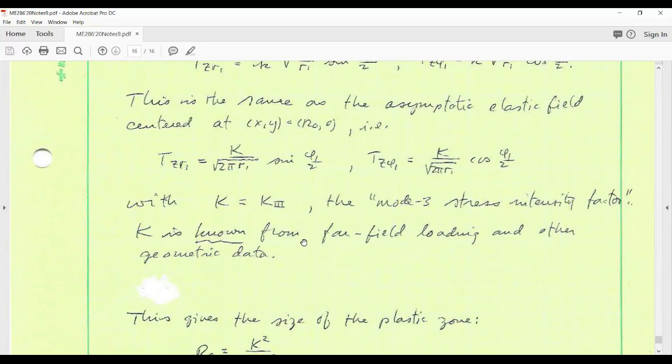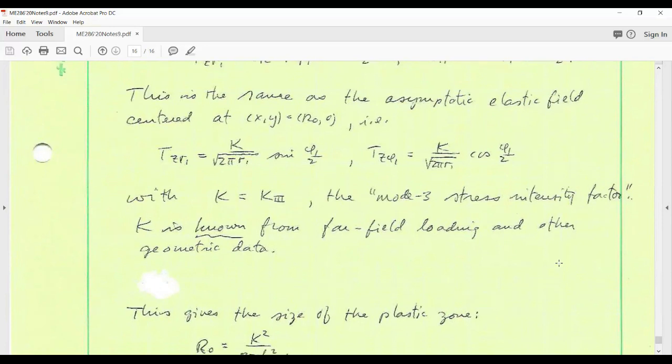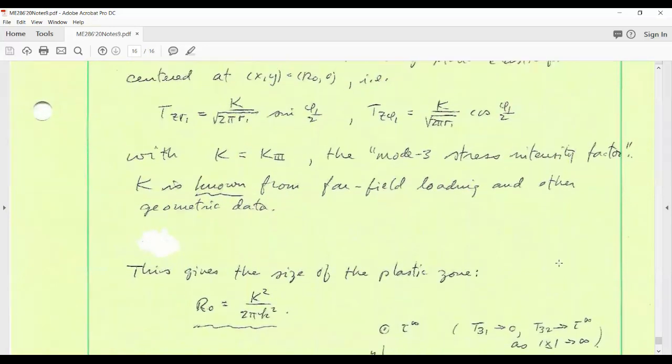So the stress intensity factor can be computed, if you're a clever elastician, from the conditions that pertain remote from the crack. For example, you're loading a block of material away from the crack in the far field, and other geometric data pertaining to the body. So a linear elastician or a fracture mechanician would tell you, for a given problem, would compute K3 for you, or K as we're calling it. So you could regard K as known.